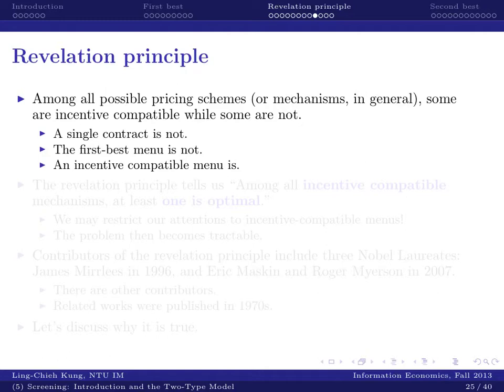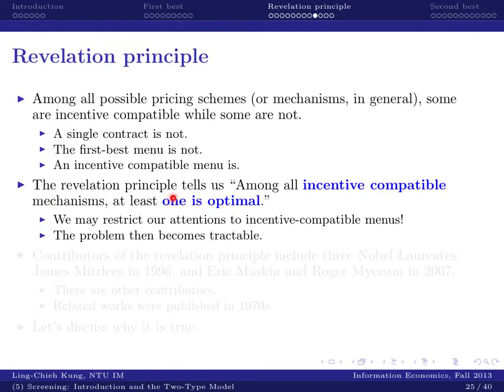They will choose either just this contract, or they will choose one contract between the two contracts. You cannot tell or identify their types by their actions. But if you offer an incentive compatible menu, then you are able to do that. So at least you have two possibilities.